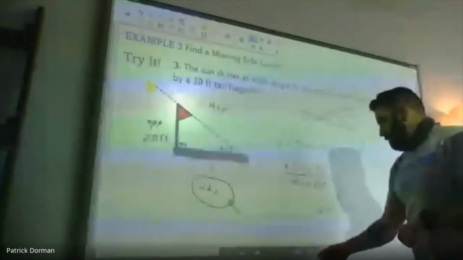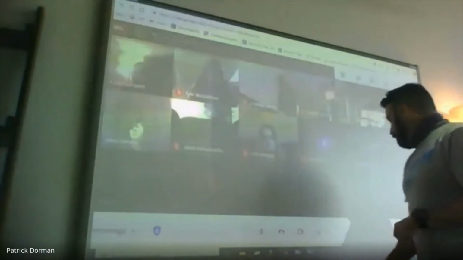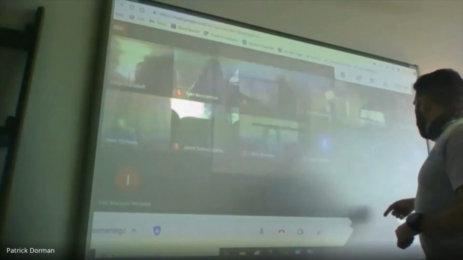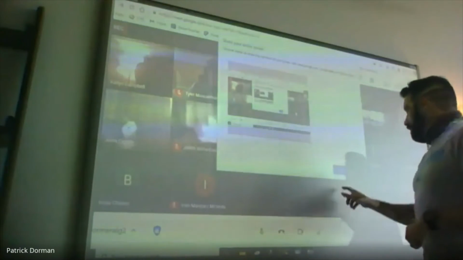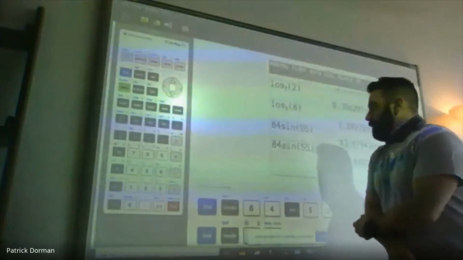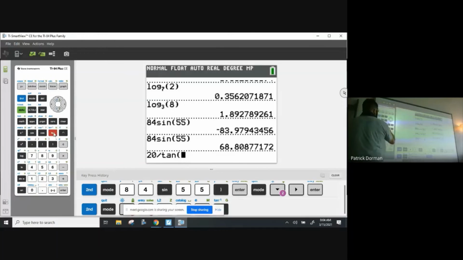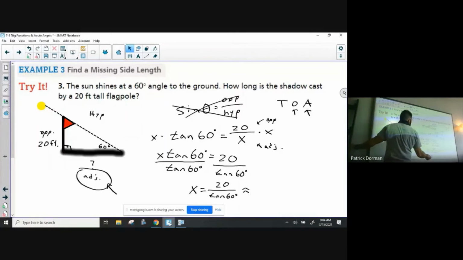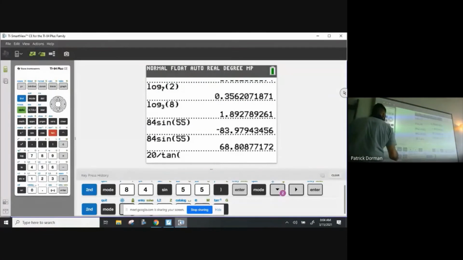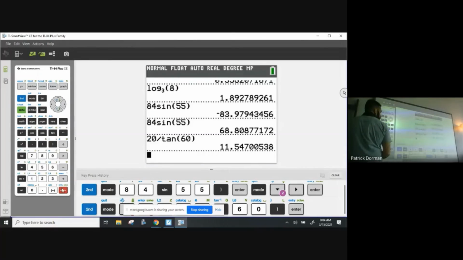calculator. Just give me one moment to get the proper screen up for that. Okay. 20 divided by tangent of, good grief, I forgot the angle measure, 60 degrees, and we get approximately 11.547.